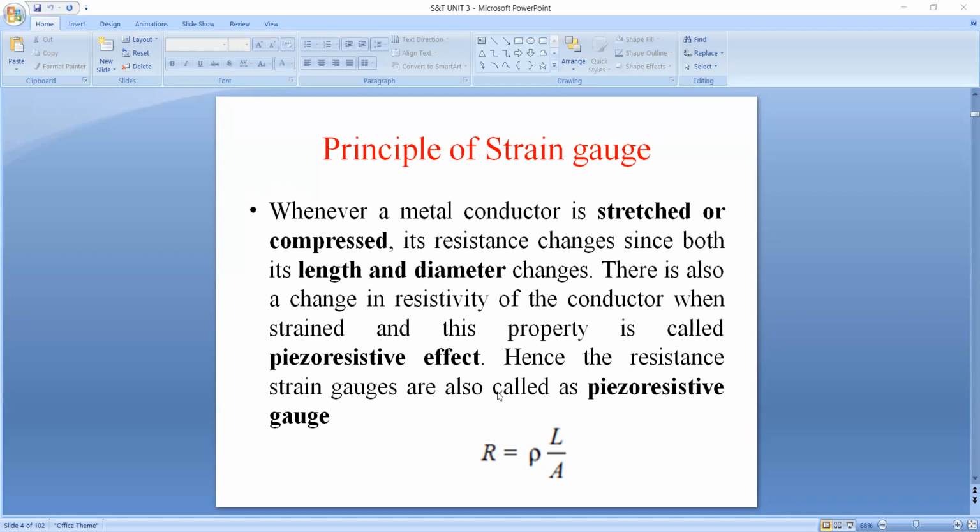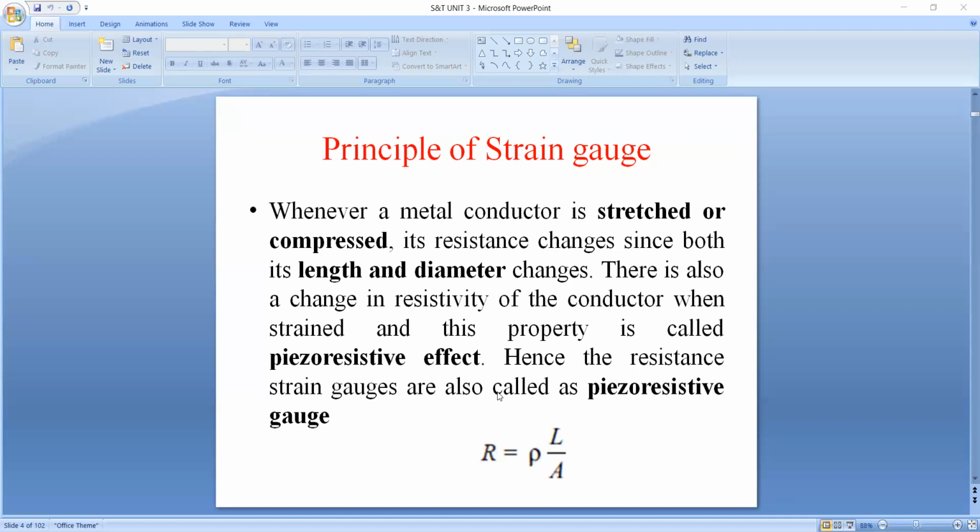Let us consider a strain gauge made up of a circular wire, and the wire has length L, area A, and diameter D before it is strained. The material of the wire has the resistivity rho. Let a tensile stress be applied to the wire. This produces a positive strain, causing the length to increase and the area to decrease.